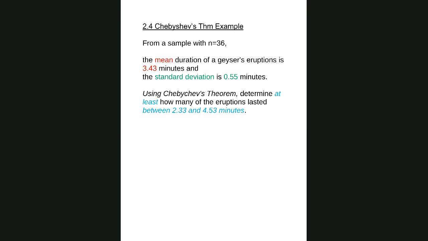So we're going to have to use Chebyshev's theorem first to find the percent, because that's what it gives us. And then we'll see if we can use that percentage to figure out how many of these 36 eruptions in a sample would last between 2.33 and 4.53 minutes.